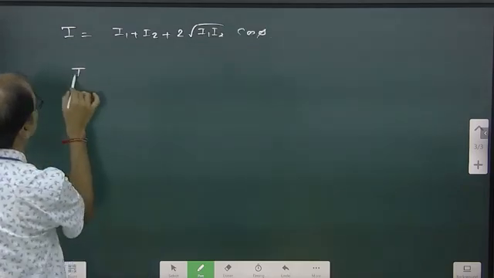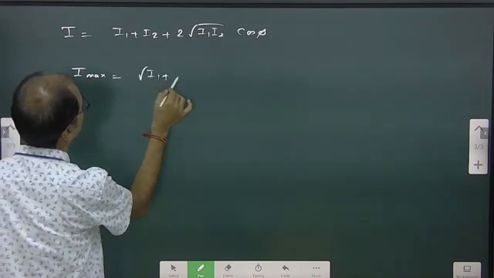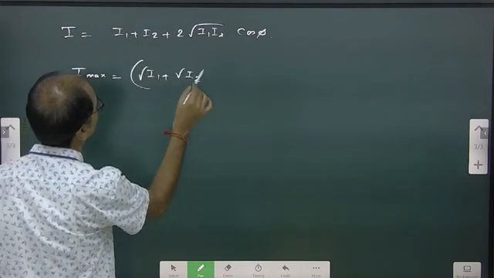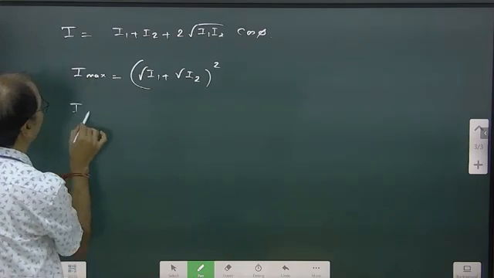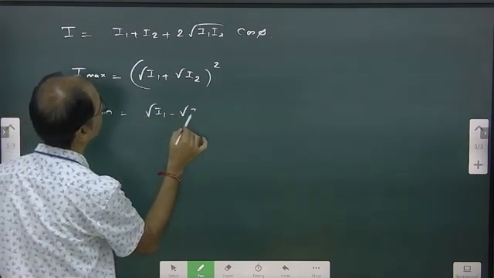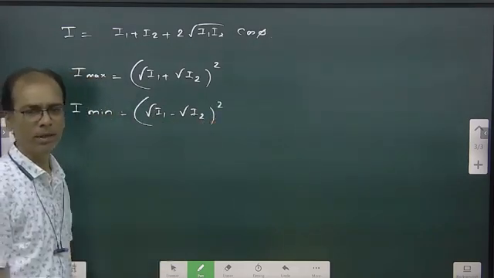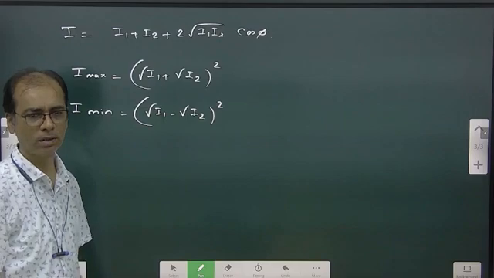I maximum is root I1 plus root I2 whole square. I minimum is root I1 minus root I2 whole square. Everything is the same, no change at all.